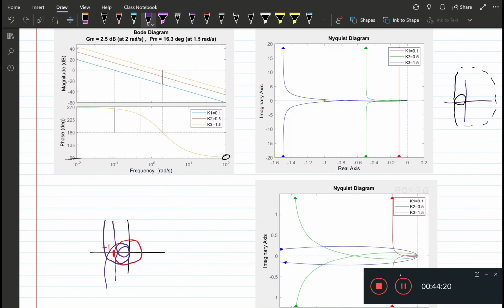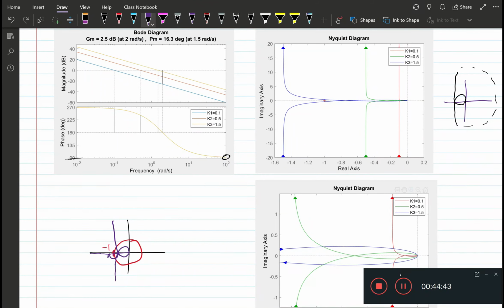And to see the phase margin, we have to look at where the phase is -180, so where this line intersects this line, and how much we have to scale to move this point to the left. And that in the Bode plot can be seen like this.